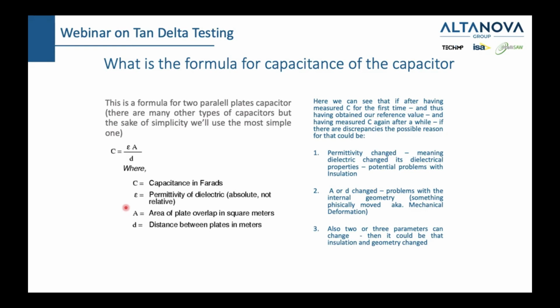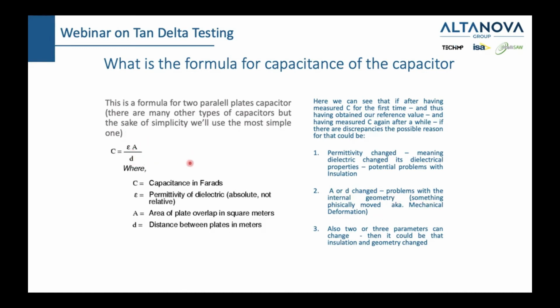Also, if there was an earthquake, heaven forbid, and the two plates or two windings have become closer, then these two parameters will change. So we can have a permittivity change which would constitute a problem with our insulation, or we can have A and D changing, which in turn would mean something else. It could mean that something physically moved inside, or maybe all of them can change.